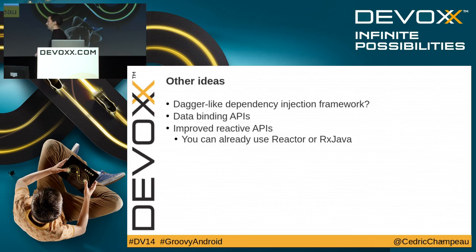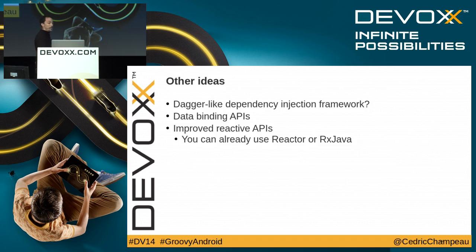This is something that we're investigating, especially because Dagger 2 uses annotations that we could process on the Groovy side quite easily, because all the annotations that you've seen, like ToString, CompileStatic, etc., are actually processed by the Groovy compiler, and we could process the Dagger annotations too.